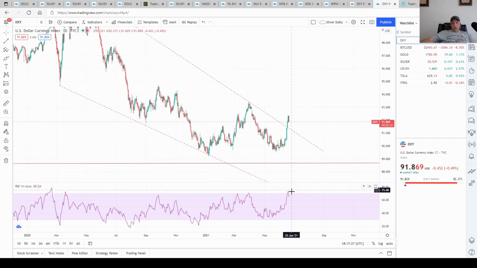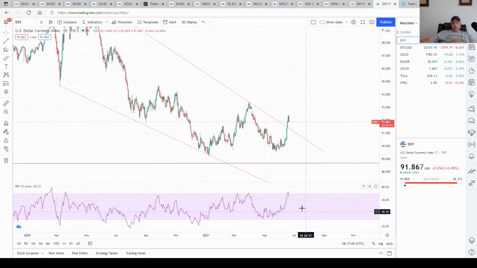So the reason I bring this up is that if you take a look at this RSI, it would suggest that it didn't really have a lot of room to go yet, that it was all overbought, and over the course of the next month or two, this can run the other way.